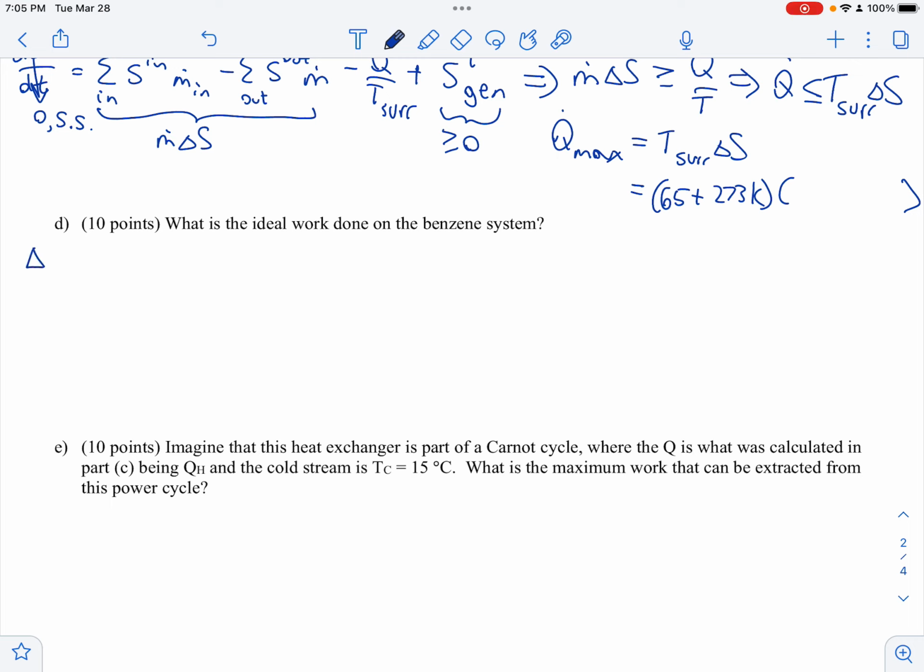Remember, we have this delta H equals Q dot plus WS. This will tell us that WS min is going to equal delta H, which is known. We calculated it, or we didn't actually calculate it, but we would have calculated in an earlier part, minus Q max.